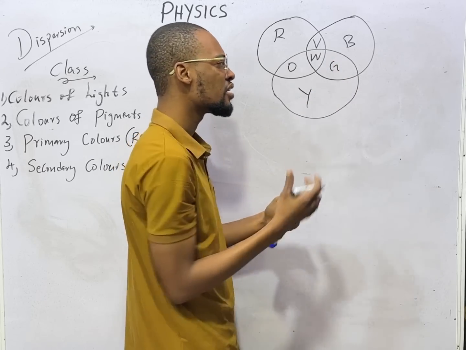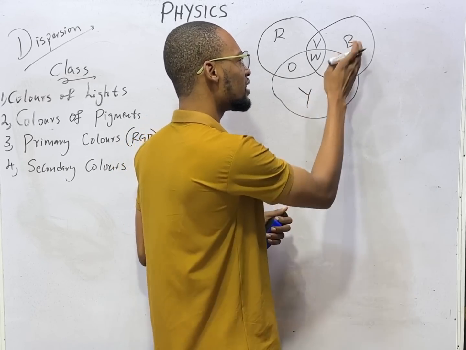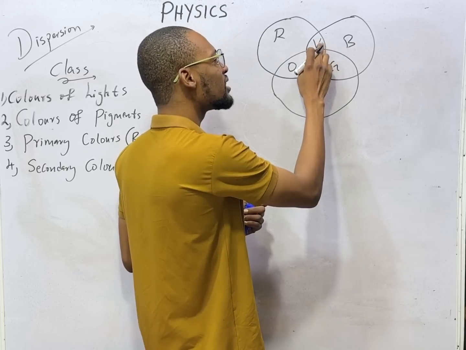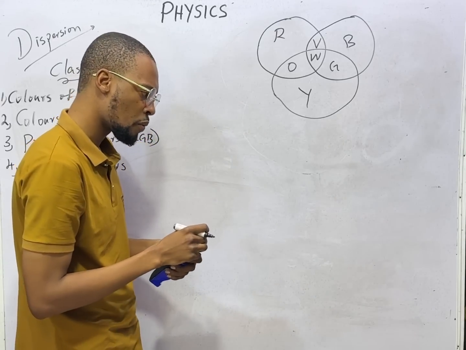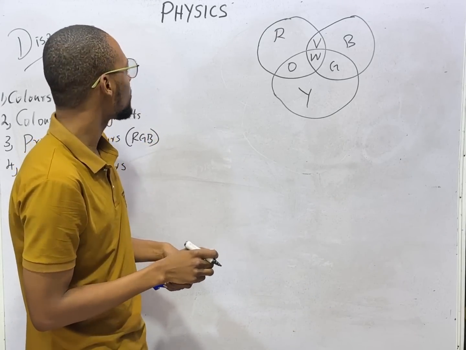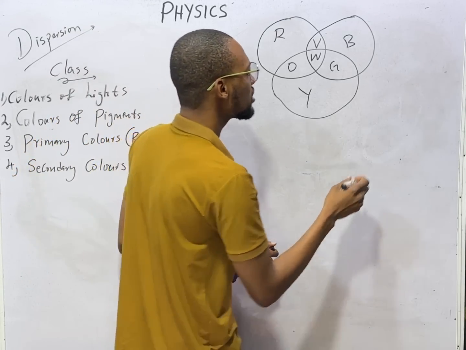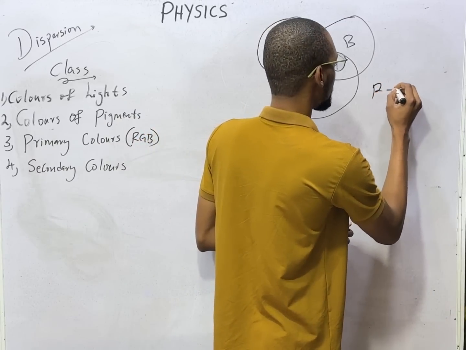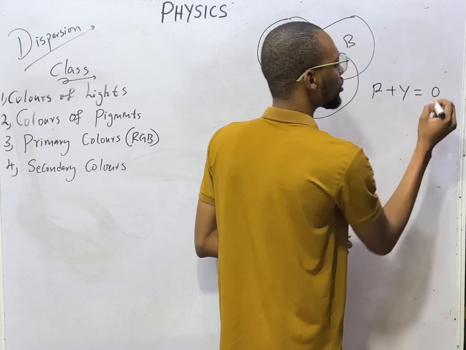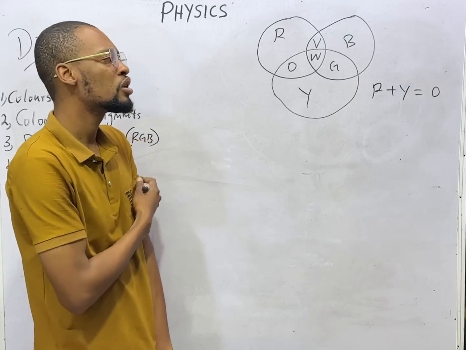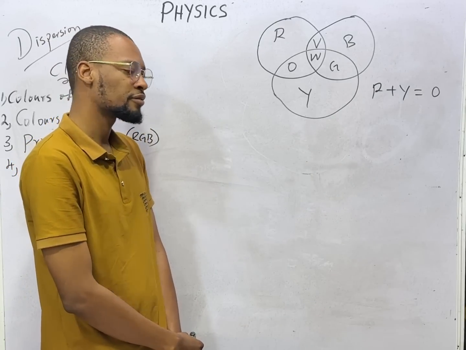What is here refers to what this and this have in common. What is here refers to what this and this have in common. So this implies that if you mix red and yellow, you are going to get orange. So red plus yellow should give you orange.